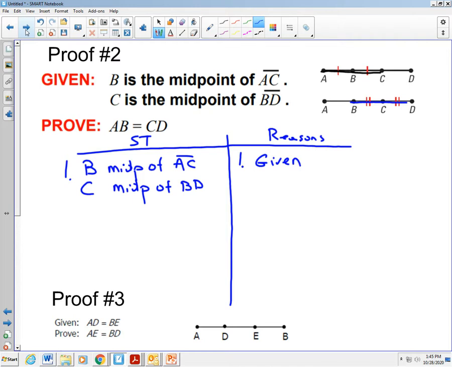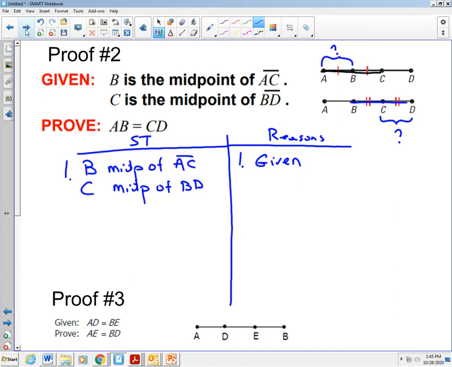Okay? What is your goal? Your goal is to show that this segment is equal to this segment. Okay? How do you do that?